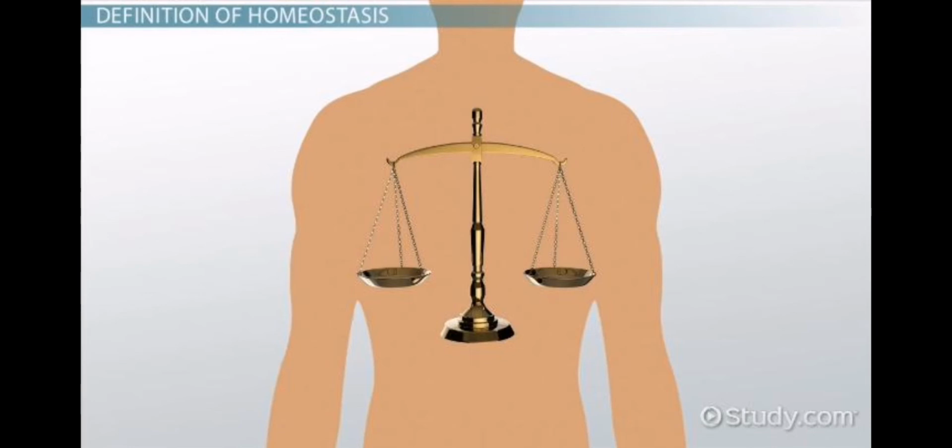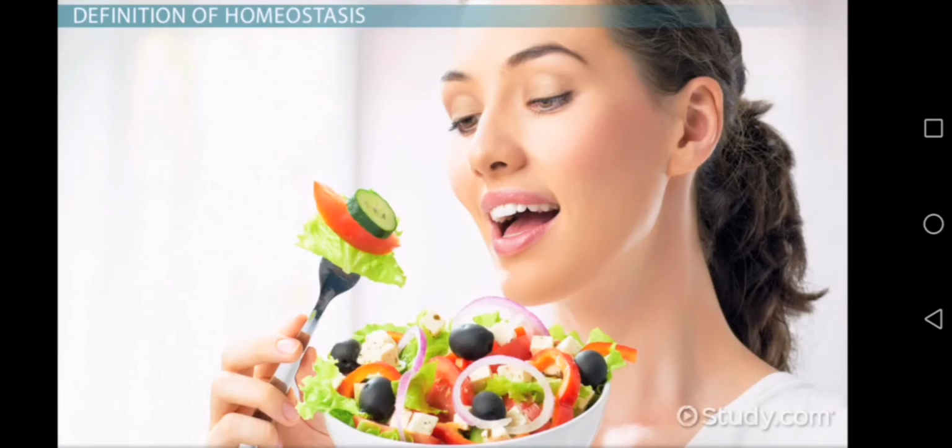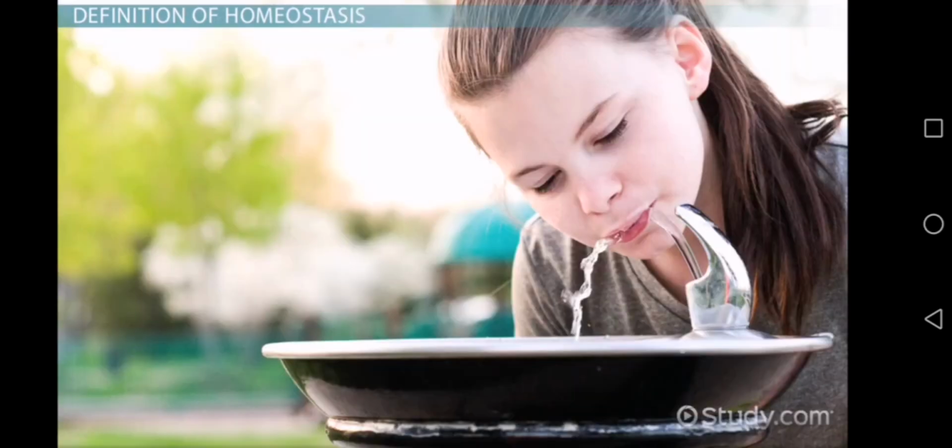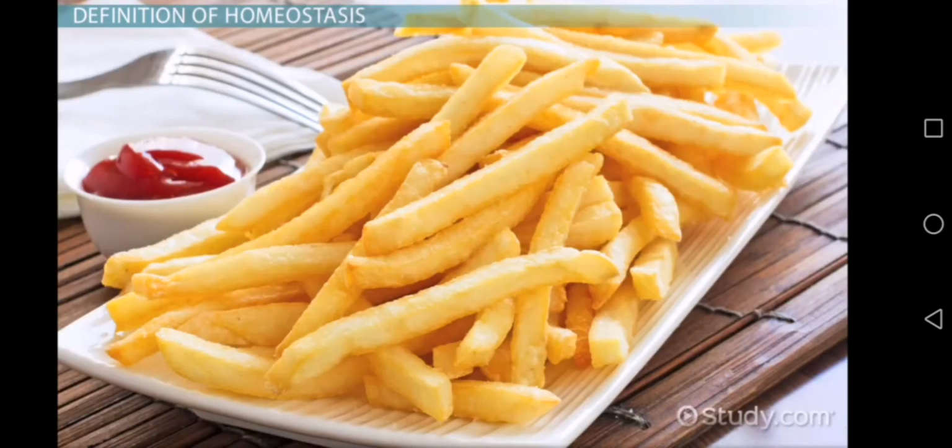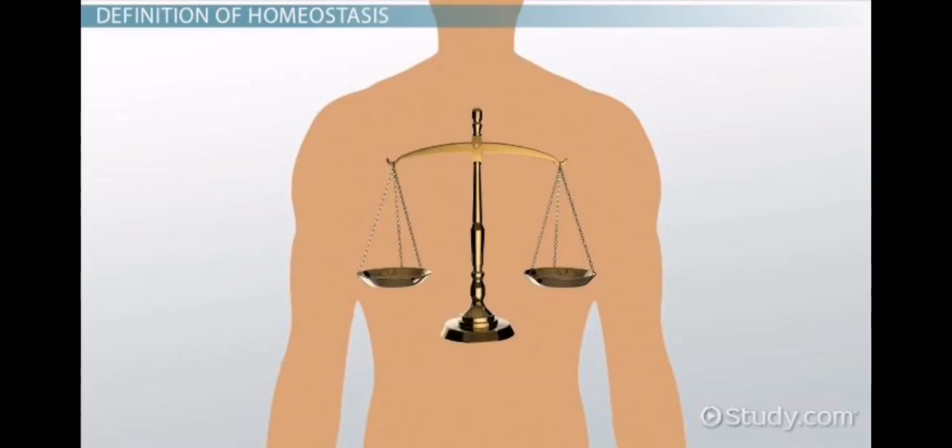A more formal definition of homeostasis is the characteristic of a system that regulates its internal environment and tends to maintain stable, relatively constant conditions of properties. Homeostasis is happening constantly in our bodies.